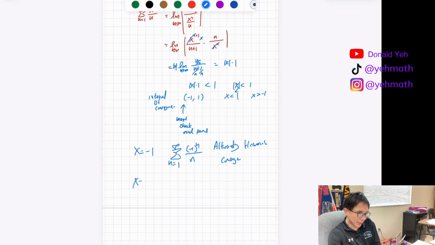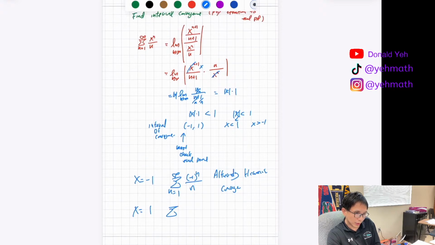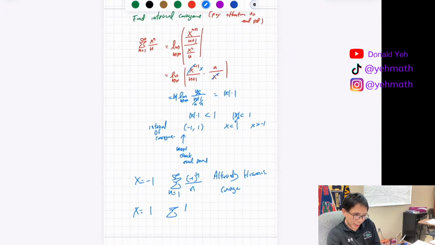So how about x equal to 1? What is x equal to 1 going to be? If I plug in 1 to the n, why does that diverge? It's not because it is less than 1.